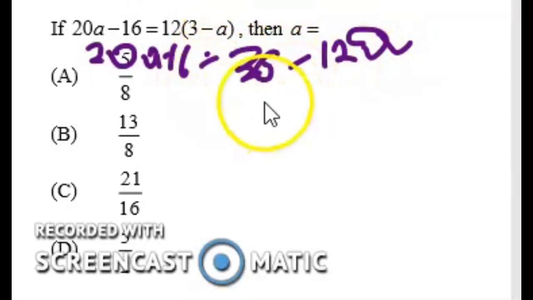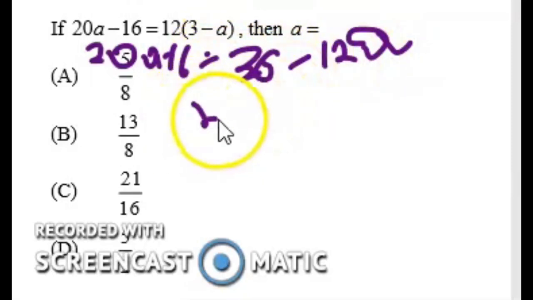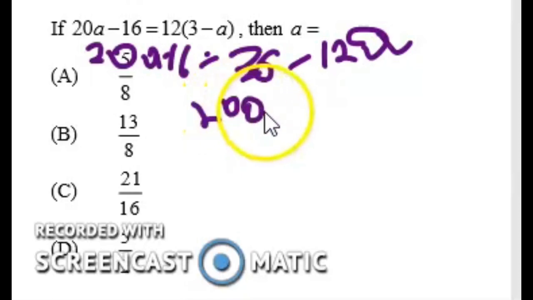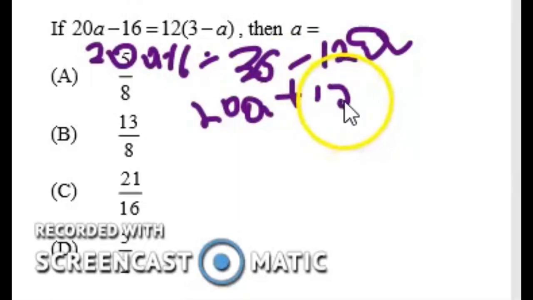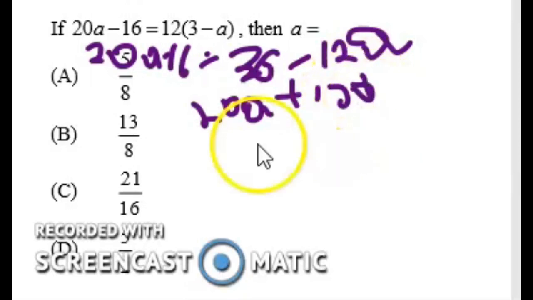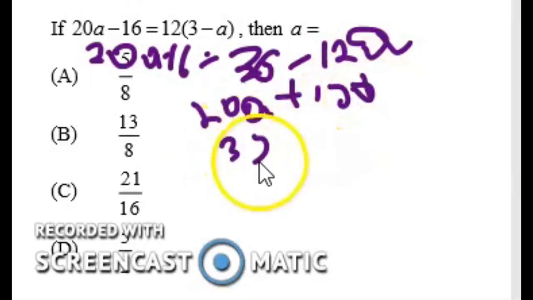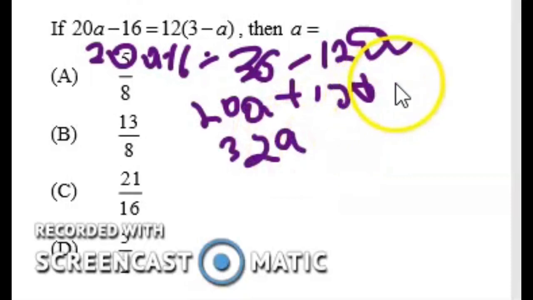So we're going to group the like terms. So here we have 20a plus 12a. That would be 32a. We have negative 16, and we're going to bring it to the other side.